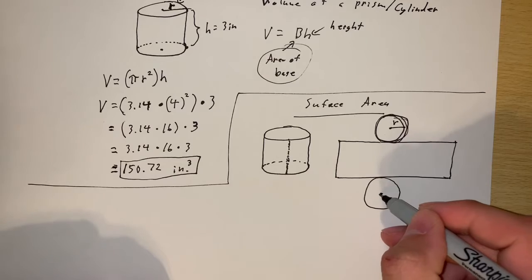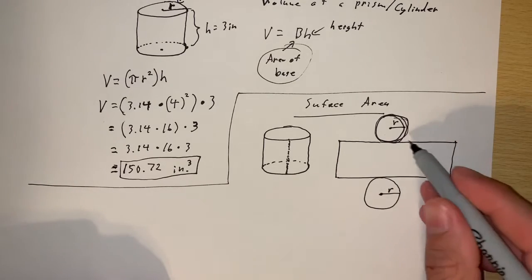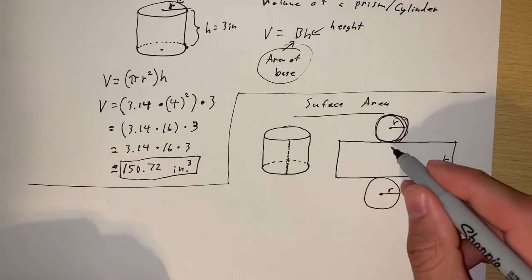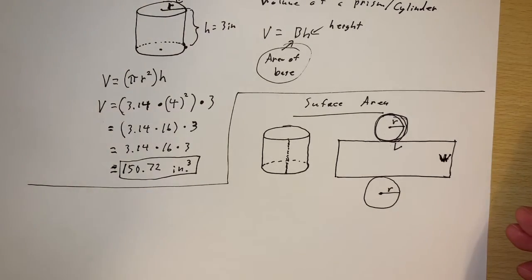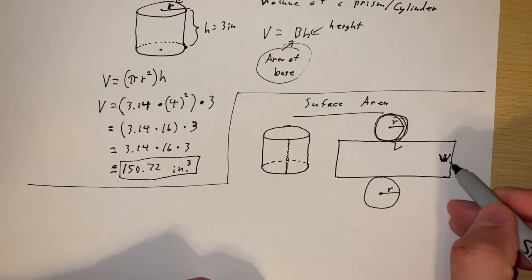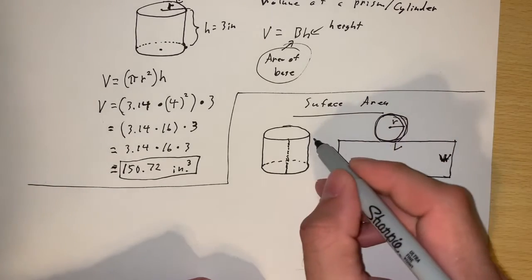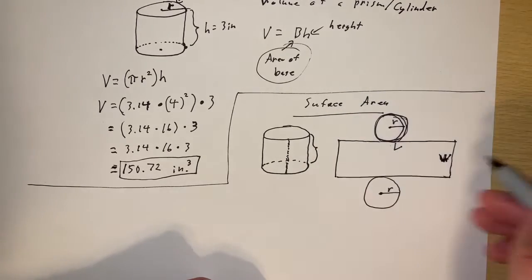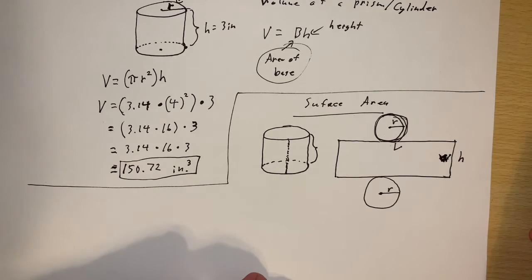Then we need to find the area of this rectangle, which is length times width. The width is the distance between the top and the bottom, which is the height. So this edge, we can call it H.